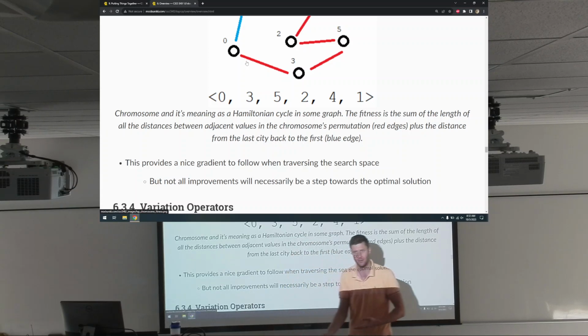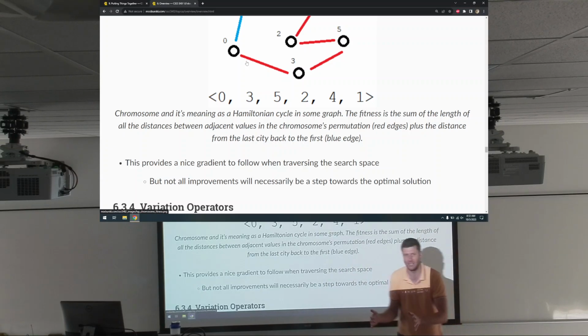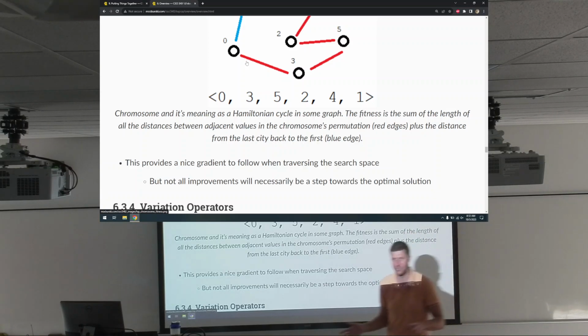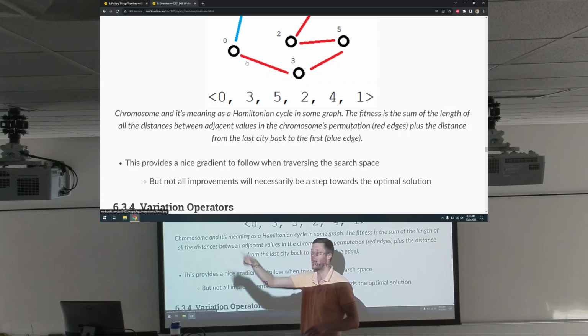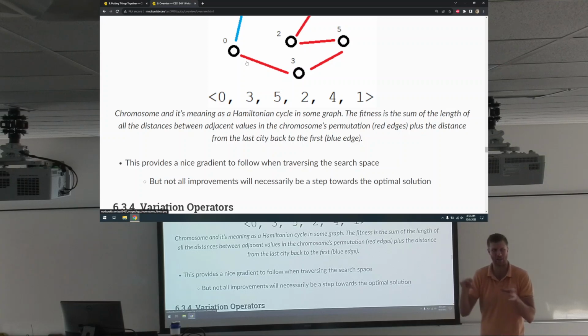That's a good thing. So it gives me a gradient. It gives me some directionality. A fitness value in the space gives some directionality on which way I should go, how the algorithm traverses the search space. The gradient is how it guides it.